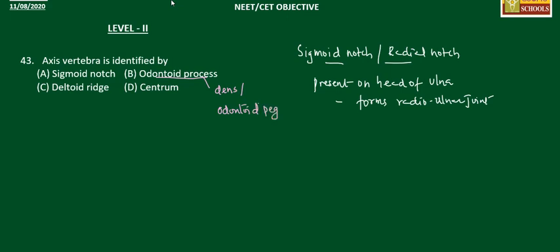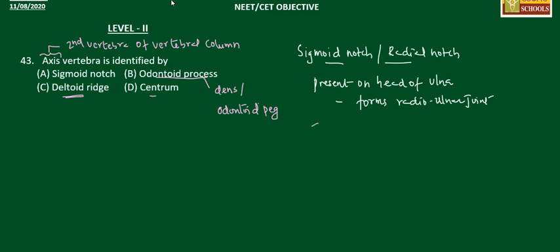Here we know that the axis is the second vertebra of the vertebral column, right? And I'll show you how this second vertebra, that is the axis vertebra, looks like. Then already we have seen the deltoid ridge. And what is this centrum?